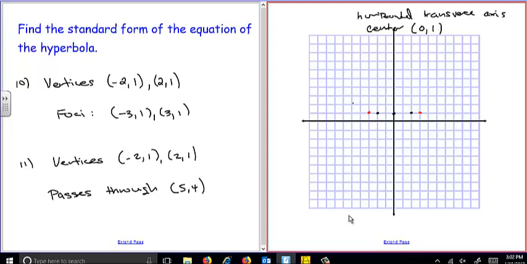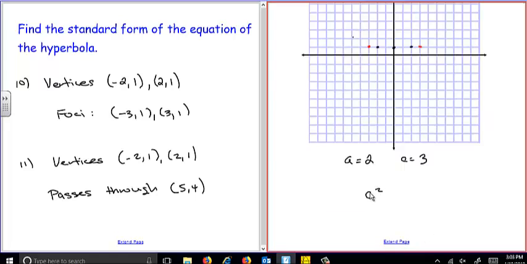So what can we say? Well, a is the distance from the center to the vertex, so that's 2, and c is the distance from the center to the focal point, which is 3. And we know that c squared is equal to a squared plus b squared for a hyperbola.